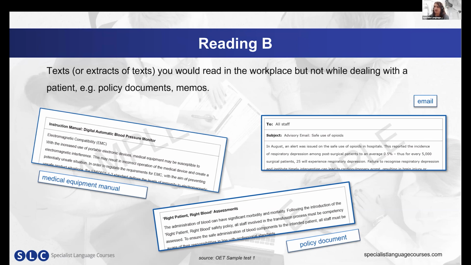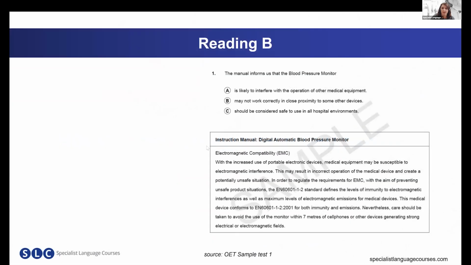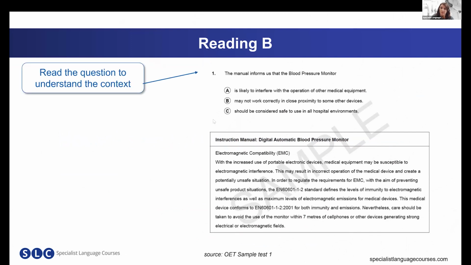So let's have a look at your approach. It's always a good idea to have clear steps and strategies for exam day to help reduce your exam day nerves, and strategies that you can apply to all different topics that may come up in Reading B. So in Reading B, the first thing that is recommended is that you read the question to understand the context.